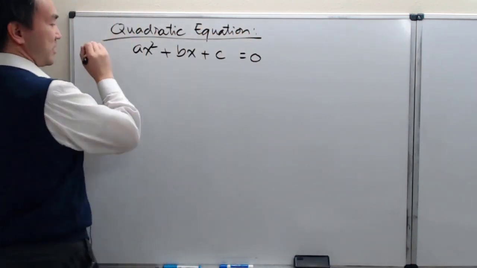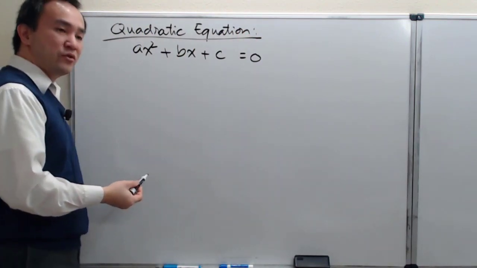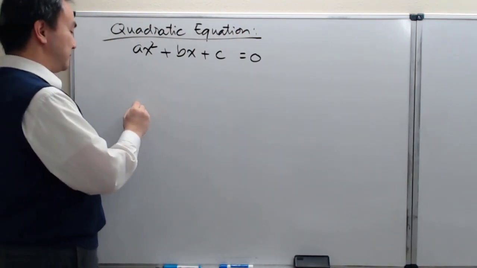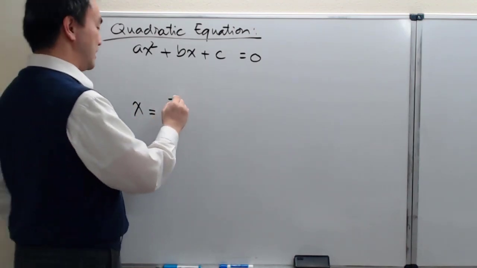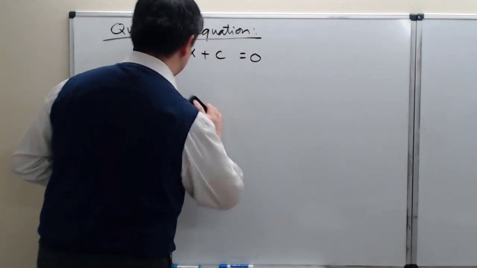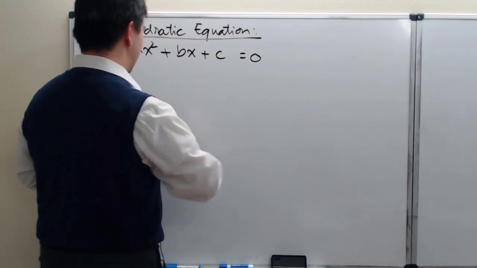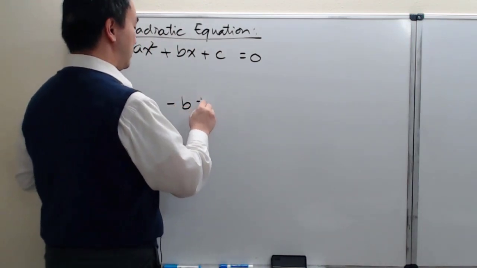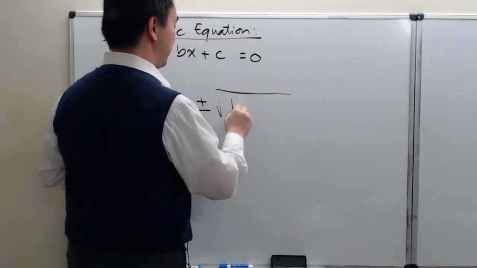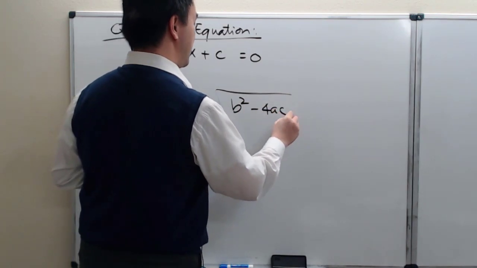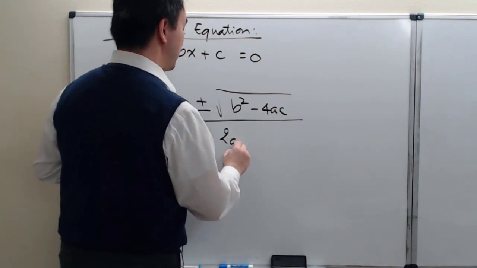This is where we were introduced to the quadratic formula, which was minus b plus and minus the square root of b squared minus 4ac over 2a.